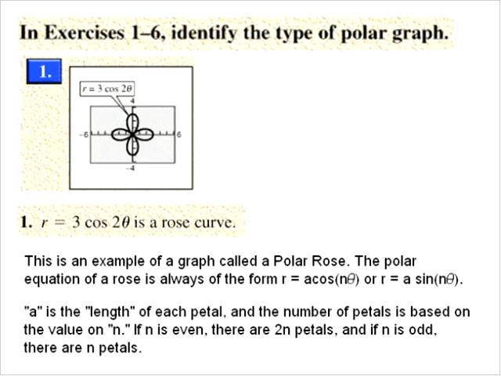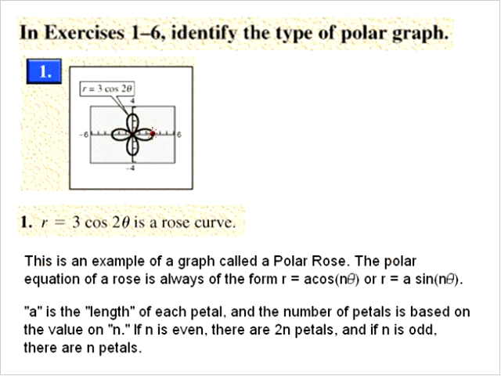Okay, first things first, it says identify the type of polar graph. There are several different types of graphs we have for polar functions. It can be a cardioid, a limacon with inner loop, a dimpled limacon, a convex limacon, a rose curve, and that's what we actually have here, rose curve.